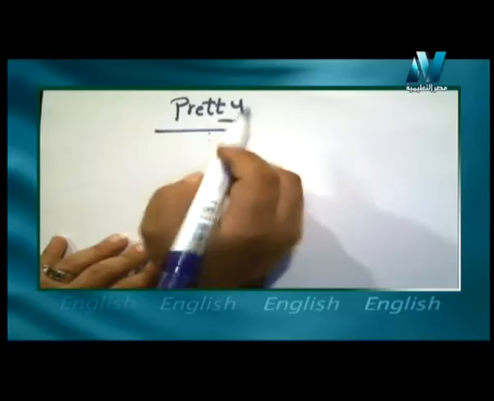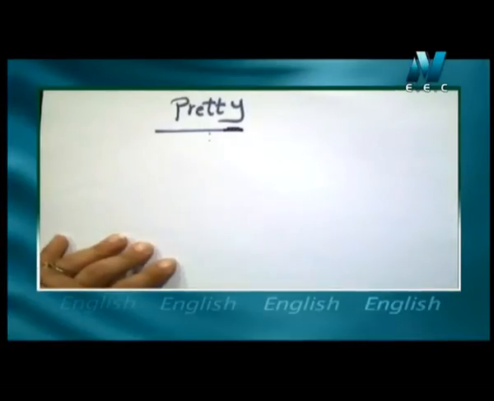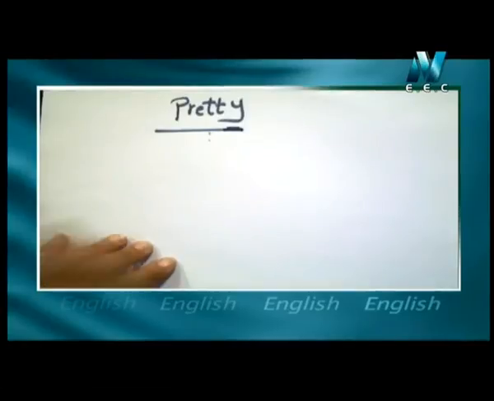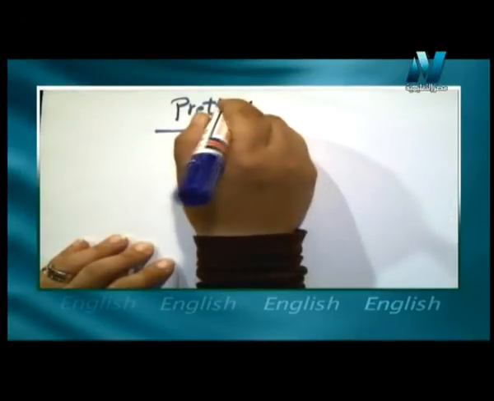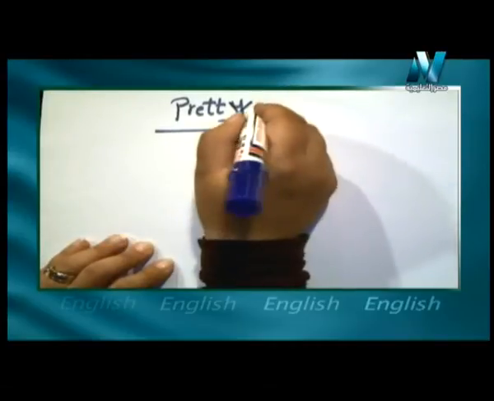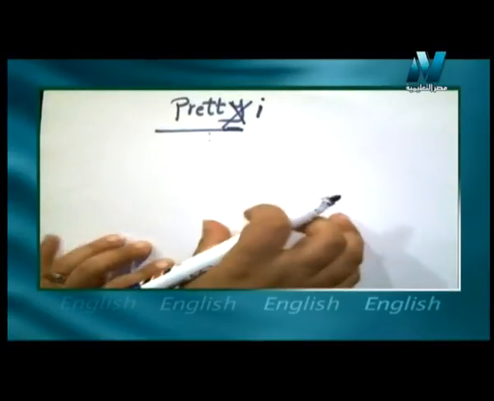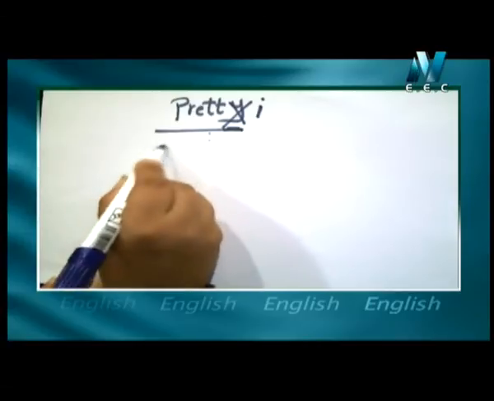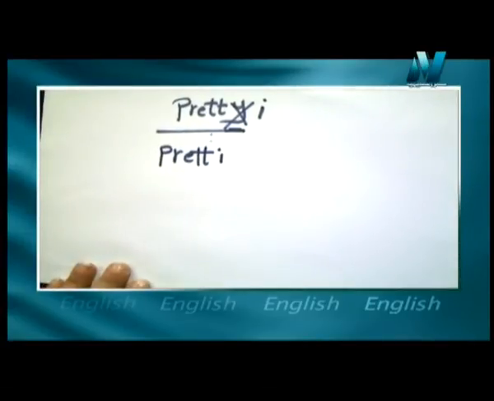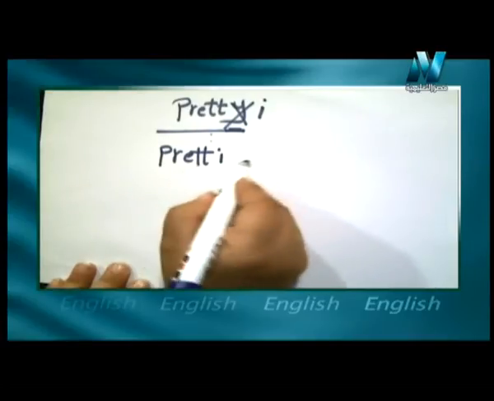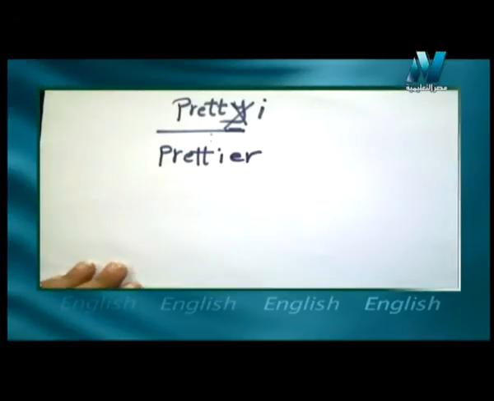Another example is the word pretty. It's an adjective here, it's short, and we have y at the end. When I'm putting it into a comparative form or a superlative form, I have to take this y and replace it with I. If I want to say pretty, I will put I and then er, prettier.